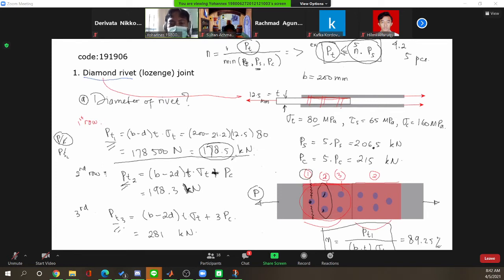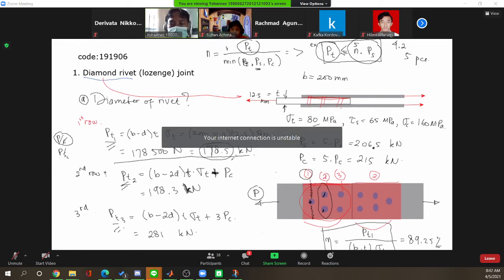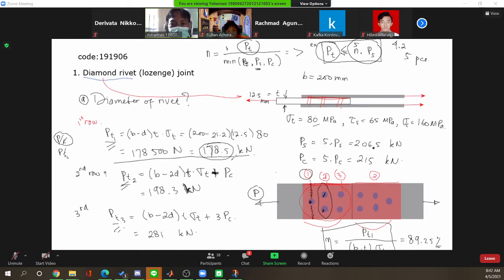So that's how we analyze the stress and strength distribution on each row. Okay, so is there any question about this?